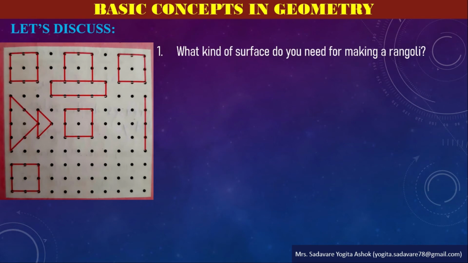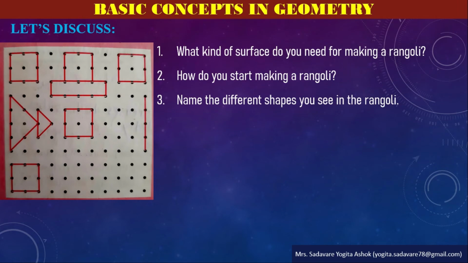What kind of surface do you need for making rangoli? The answer is plain surface. How do you start making a rangoli? The answer is by taking tiny dots.